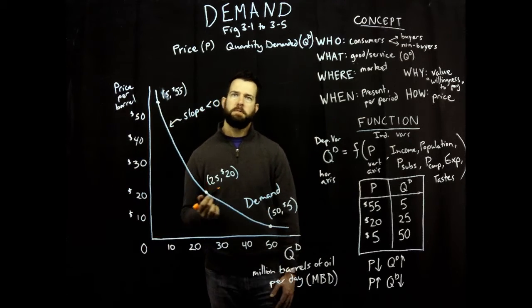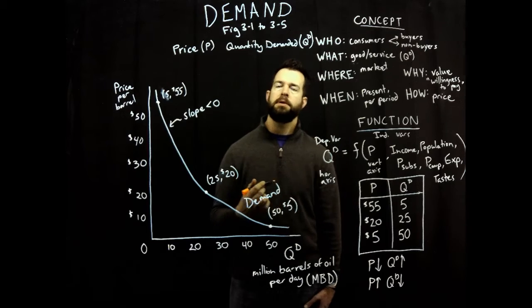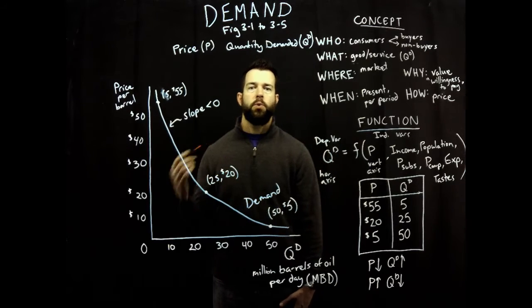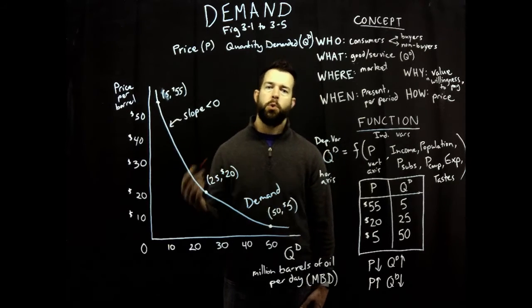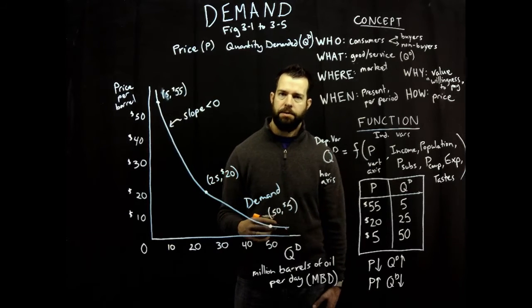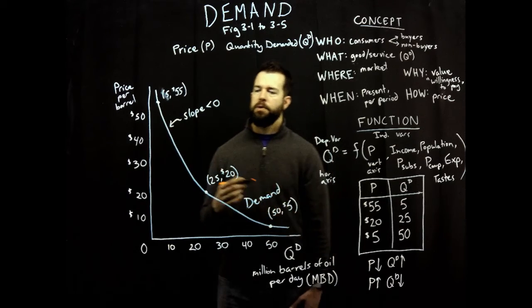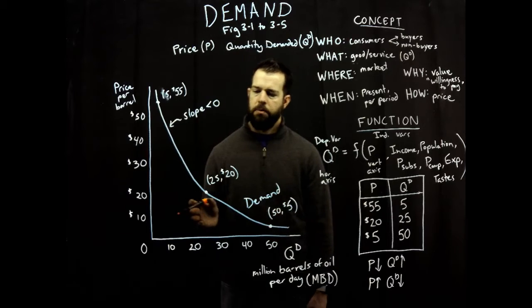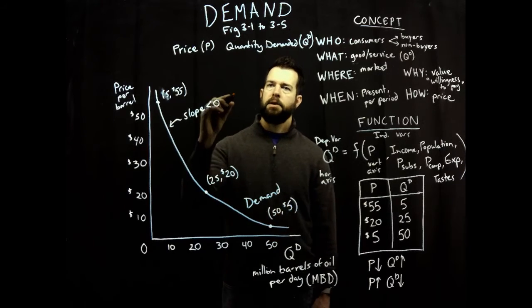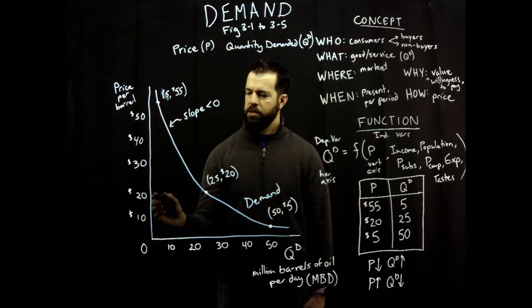Now, in your textbook in Figure 3.2, they talk about reading the demand curve horizontally or vertically, okay? Now, if we're going to do this, I'm just going to do it for one point here, okay? So if I'm going to read horizontally, I'm going to start actually on the vertical axis.